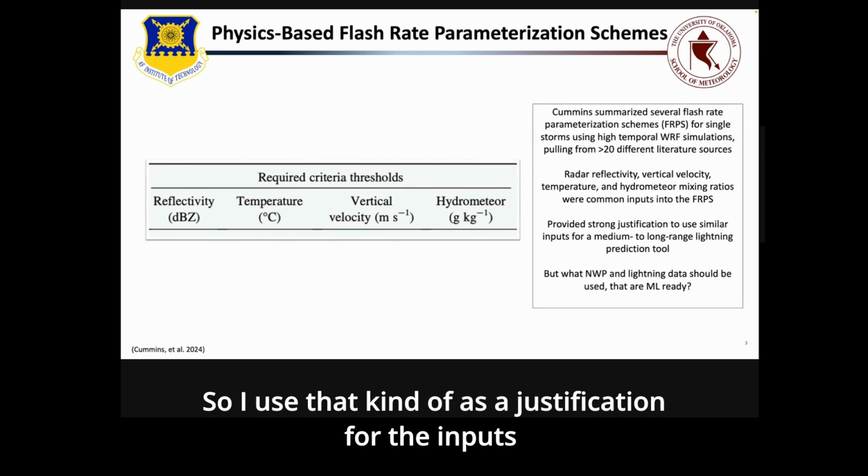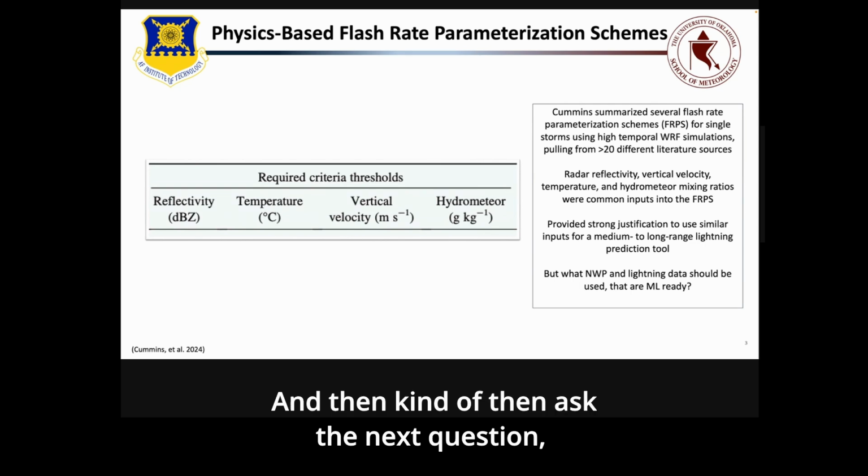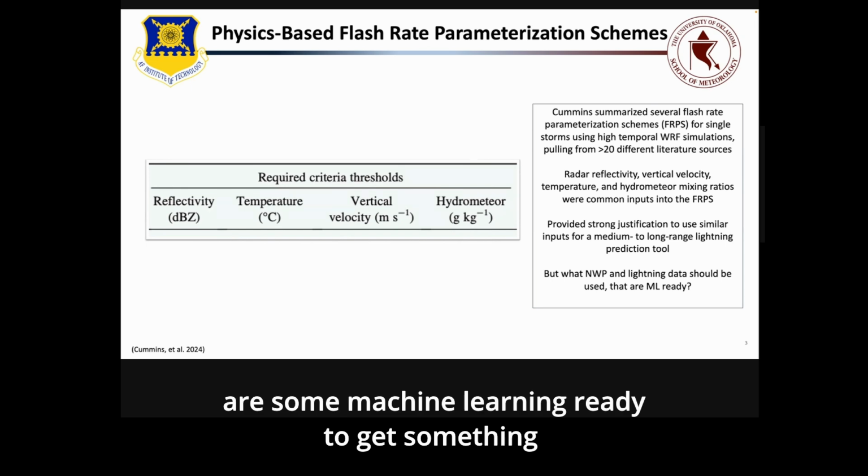So I use that as the justification for the inputs into the AI prediction tool, and then ask the next question: which model data and lightning data are somewhat machine learning ready to get something ginned up fairly quickly?